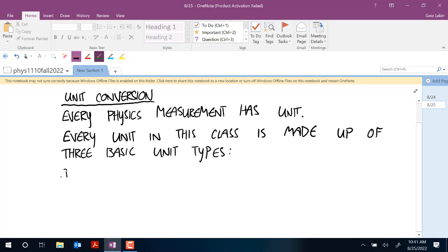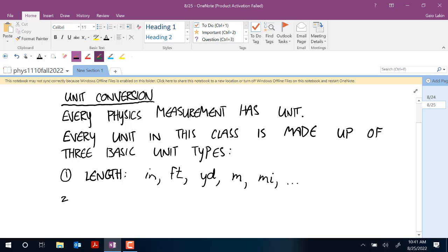Those are length, time, and mass. So units of length are inches, feet, yards, meters, miles, and so on. The second basic type is time. So that's seconds, minutes, hours, and so on.